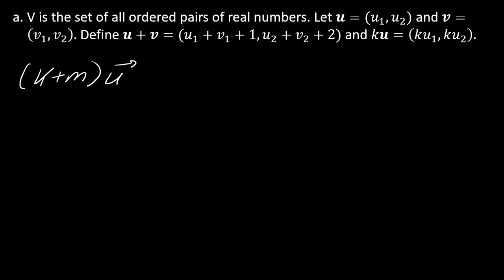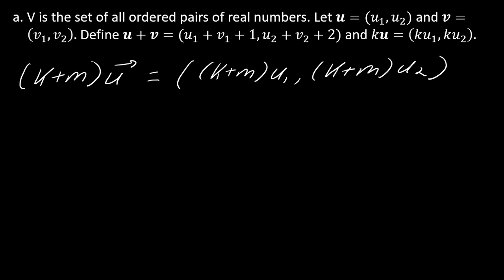So the axiom that's going to fail to hold is actually this one. I take two scalars times my vector u. This would equal k plus m u1 and k plus m u2. So there is that first part, right?